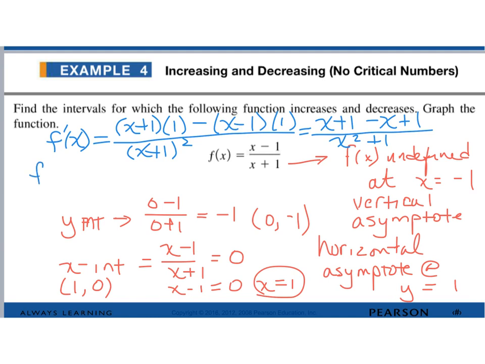And so f prime of x is equal to 2 over x squared minus 1.